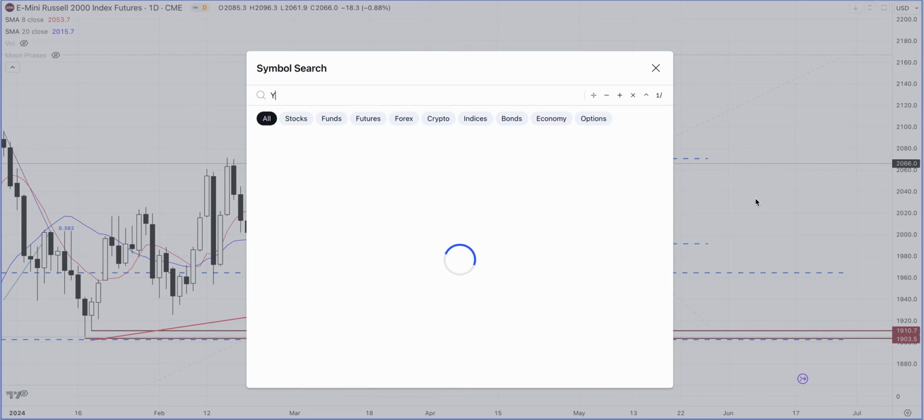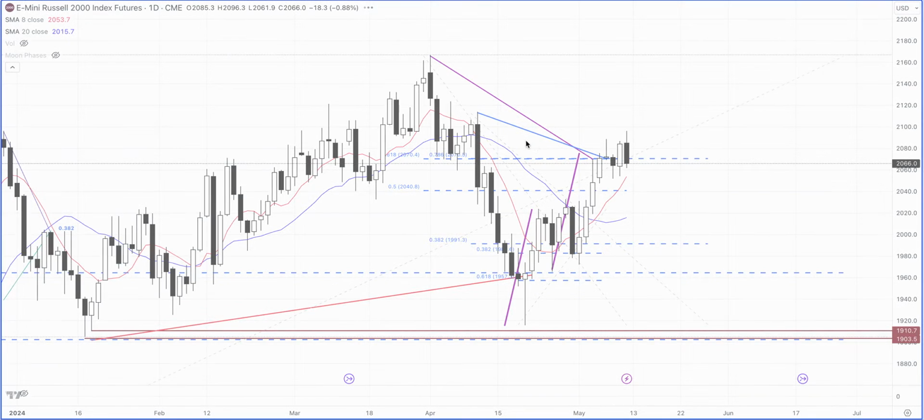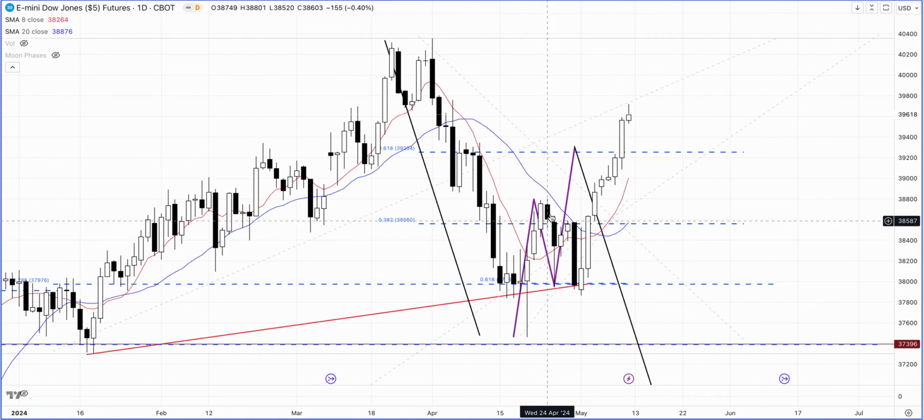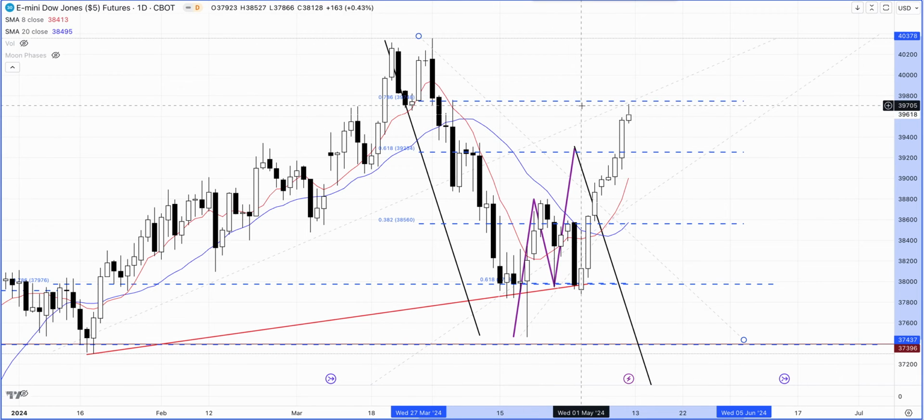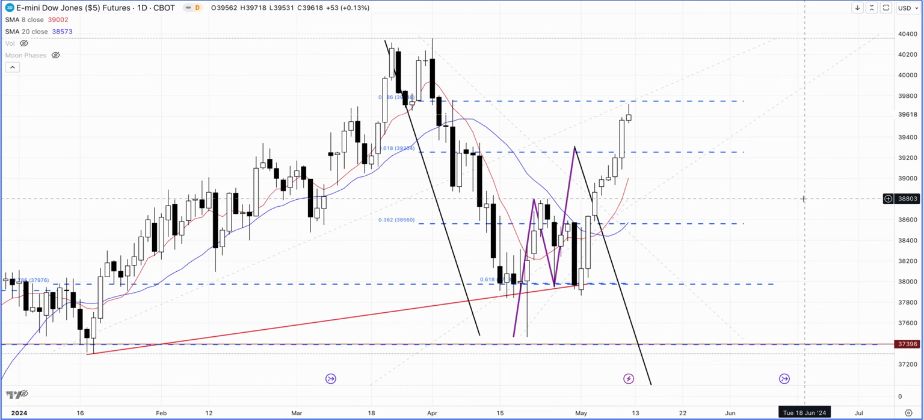If we look at the Dow Jones through the E-mini futures, this market looks pretty strong, and it has gone above the 61.8% retracement right to the 78.6% retracement. So we'll have to reevaluate quite a few things for the weekend review.